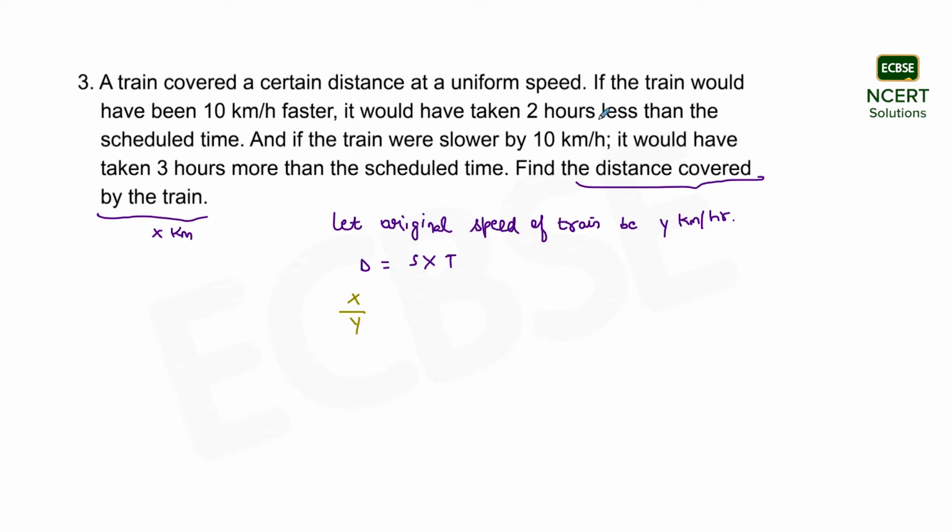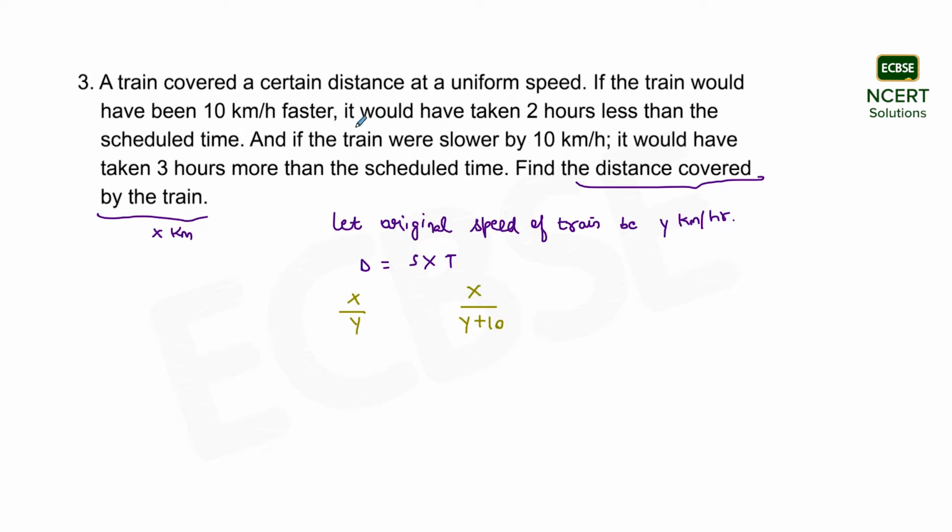Now reading this statement: if the train would have been 10 km per hour faster, means now we have increased the speed of the train by 10 km per hour, so the speed of the train will be y plus 10. And the distance to be covered is the same.